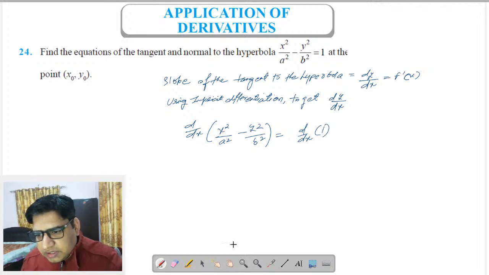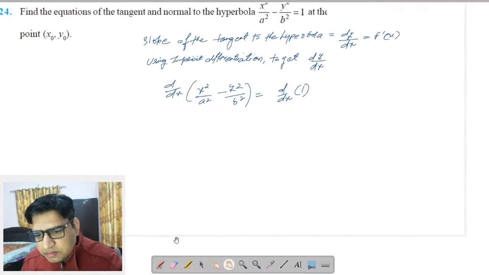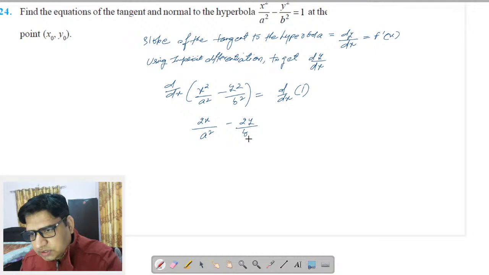So 2x upon a square minus 2y upon b square into dy by dx is equal to 0.